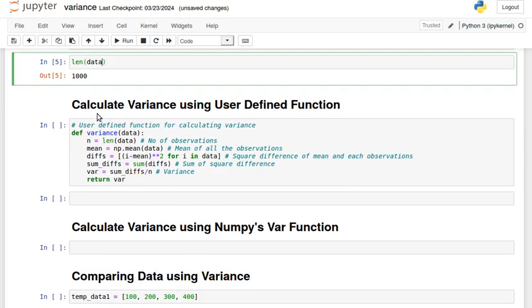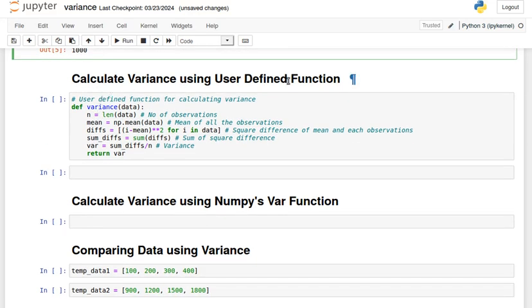So for calculating a variance, we first use a user-defined function. We defined a function here that is called variance. It takes the data, then finds the number of observations within the data, and calculates the mean of the data, then finds the squared difference using this formula, and then finds the sum of the squared differences.